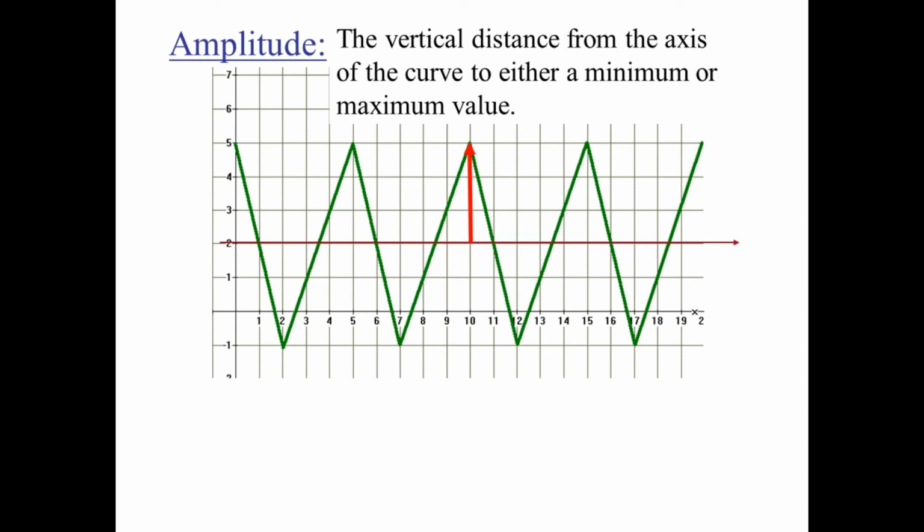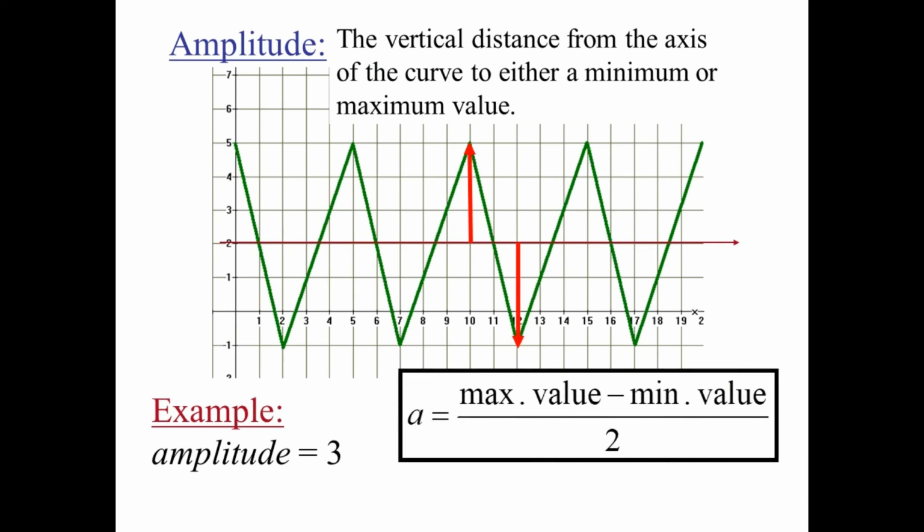It goes from the middle to the top, or the middle to the bottom, which is going to be the same distance because it is the middle. So in this case, the amplitude is 3, and it has an equation. The amplitude is max minus min over 2. Now these little equations have to be memorized.